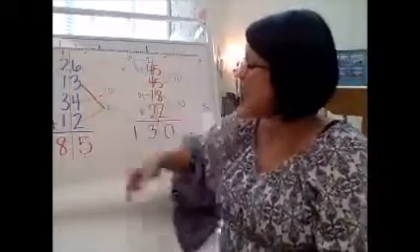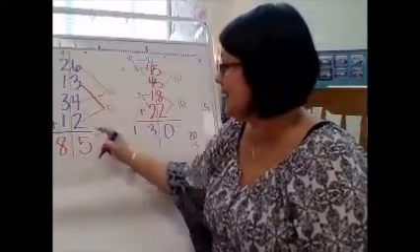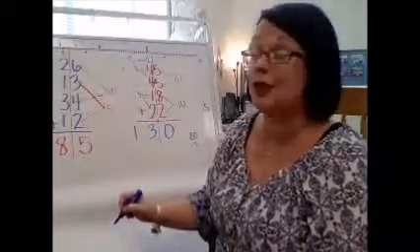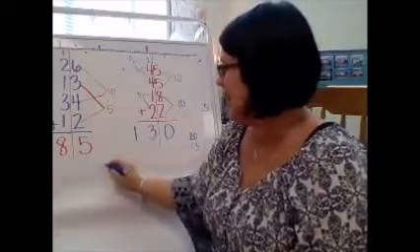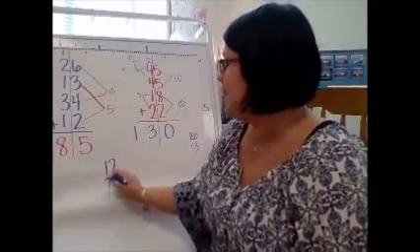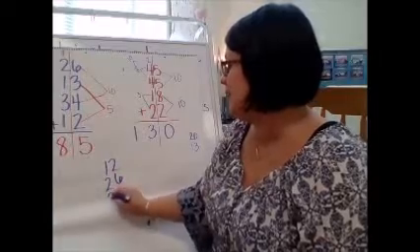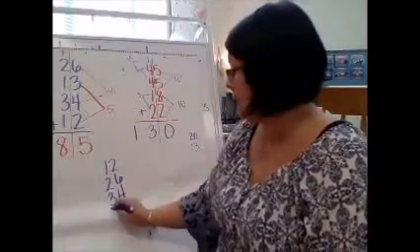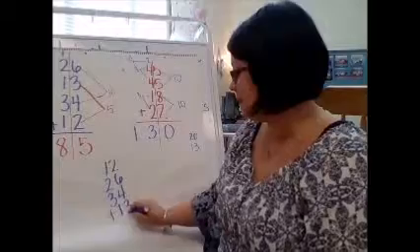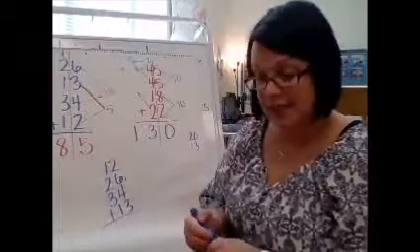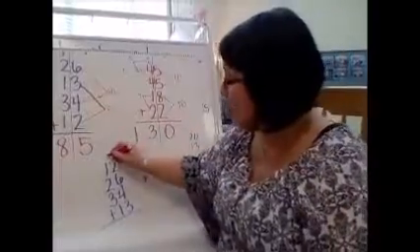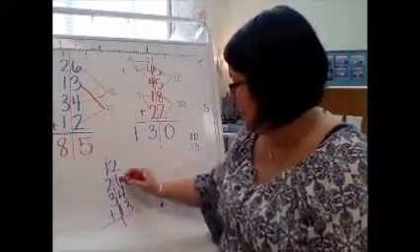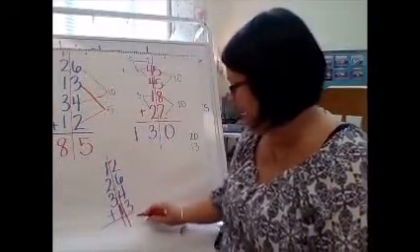If I switch these numbers all around and let's say, for example, instead of 26 plus 13 plus 34 plus 12, let's say I did 12 plus 26 plus 34 plus 13. If I added those together, I just mixed up the order, I'm going to still do this super quickly.